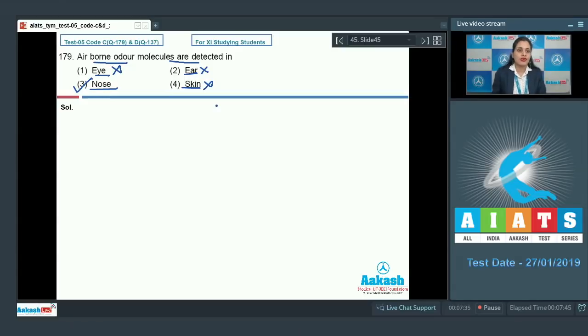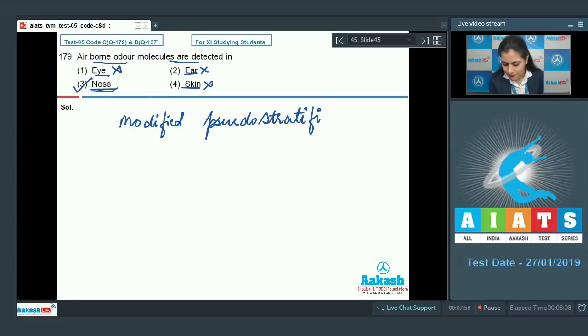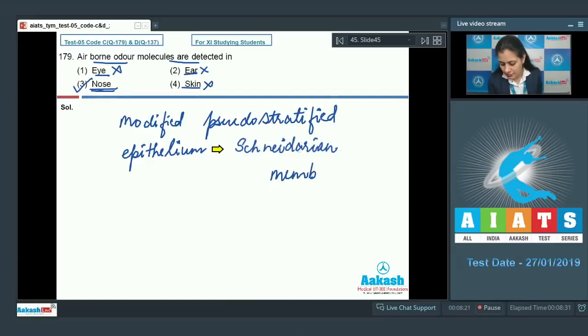But the receptors for detecting the airborne odor molecules are present in nose, where in the modified pseudostratified epithelium, also known as olfactory membrane, which is associated with the roof of nasal cavity.